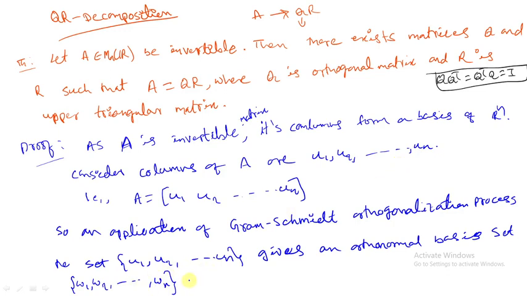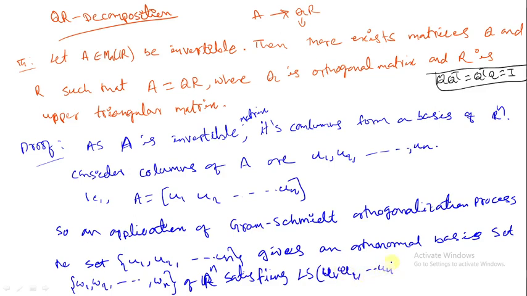The column sets are the same, satisfying the linear span of u1, u2, up to un equals the linear span of w1, w2, up to wn. Already you know this: any linear independent set has the same linear span as the orthonormal vectors.